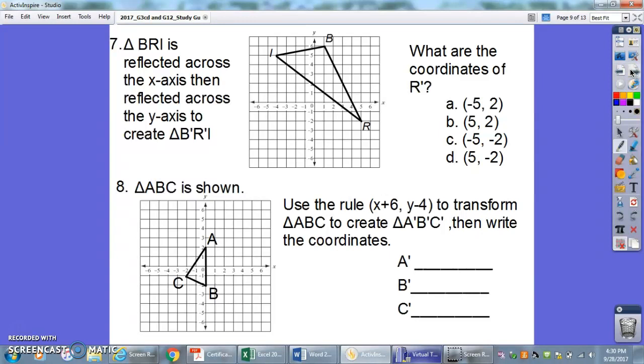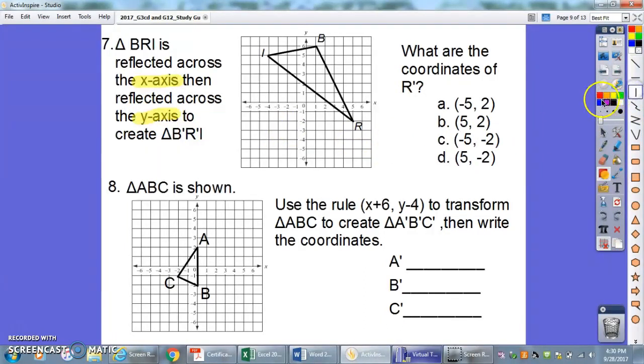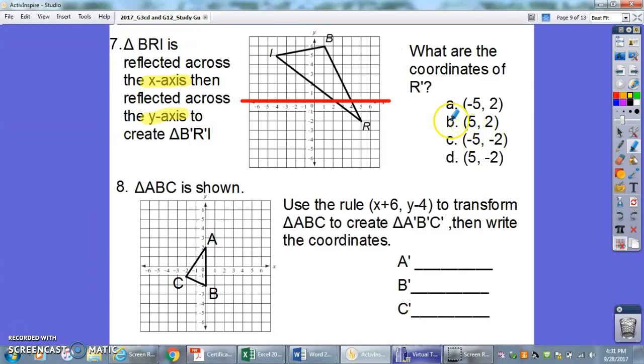Triangle BRI is reflected across the x-axis and then reflected across the y-axis. We have a double reflection. First I'm going over the x-axis. I like to put color into this. X-axis is my horizontal line. Now the reflection of point R. Make sure I know what point I'm doing.